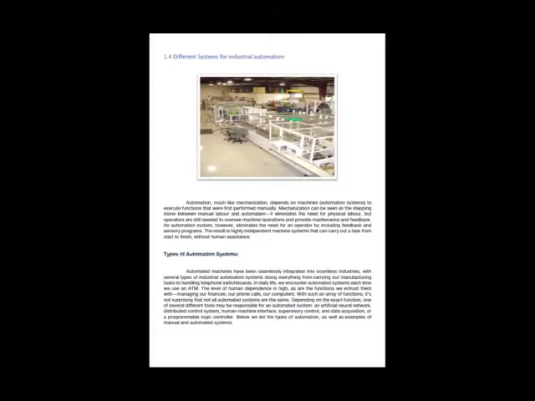We go to an ATM to withdraw money, we manufacture products with the help of CNC or VMC machines, or a lot of data is automated with the help of different types of automation systems.